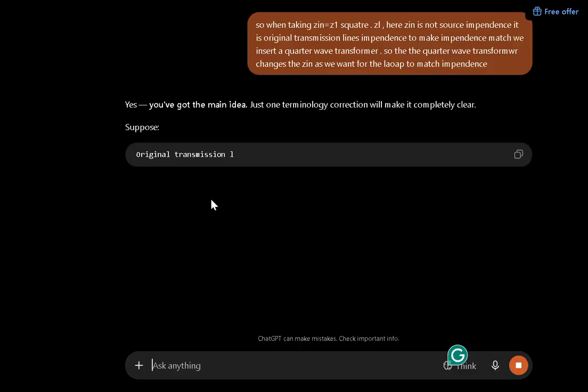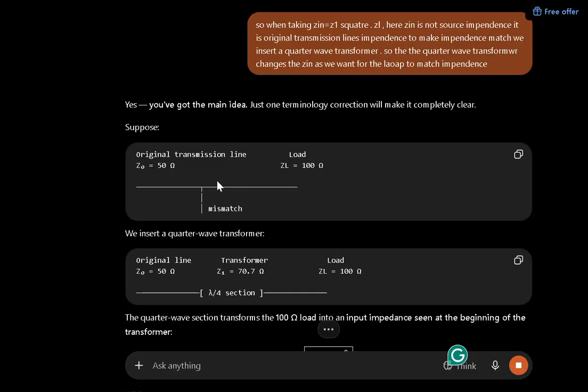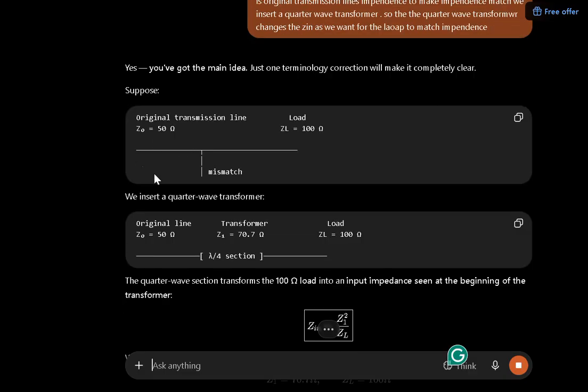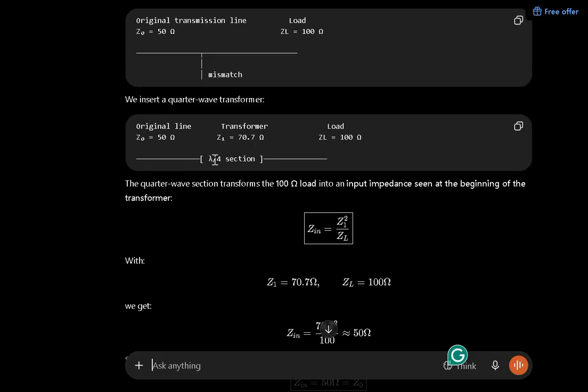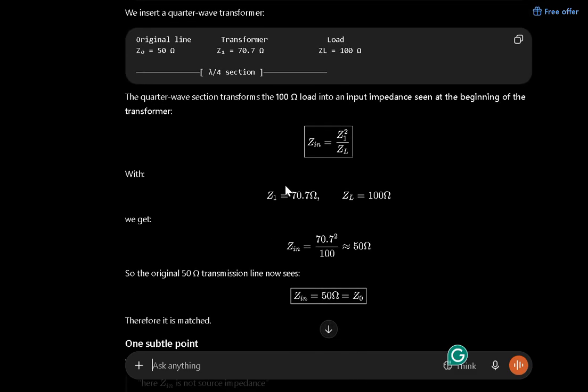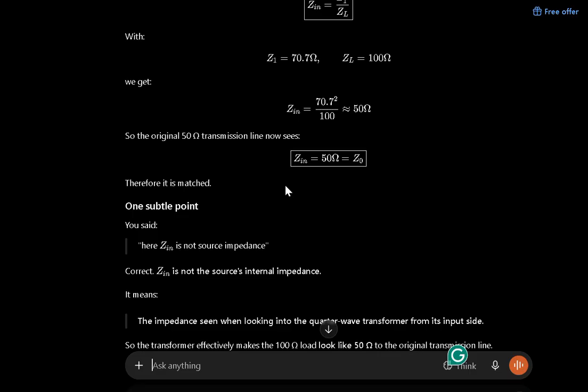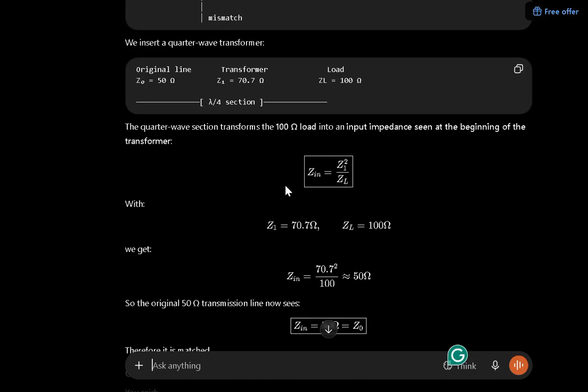Yes, you got the main idea, just one technical correction. Suppose the original transmission line is 50 ohms, ZL equals 100, there is a mismatch. We insert a quarter wave transformer, λ/4, Z1 equals 70.7 ohms, ZL equals 100 ohms. The quarter wave section transforms the 100 ohm load into an input impedance seen at the beginning of the transformer.